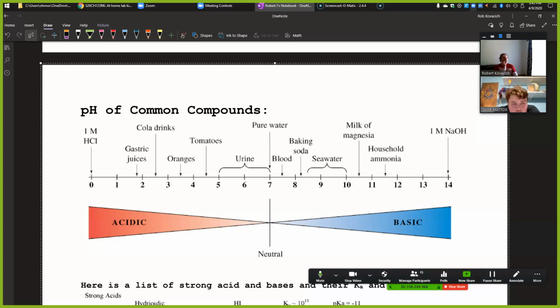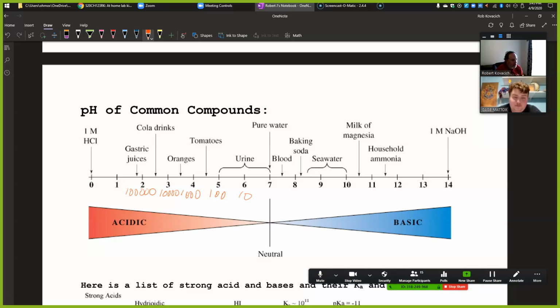And how much more acidic than pure water? Oh jeez. 10, 100, 1,000, 10,000, 100,000. So it's between 10 and 100,000 times more acidic than water.